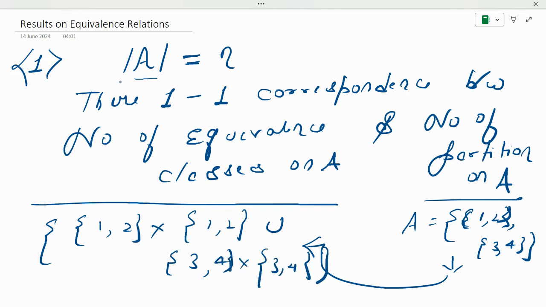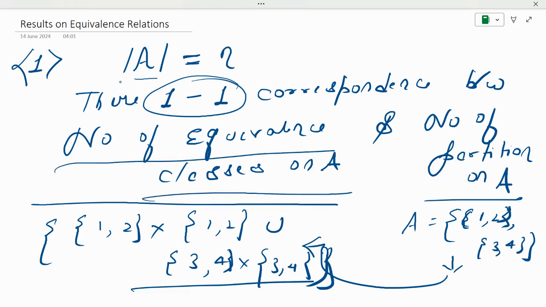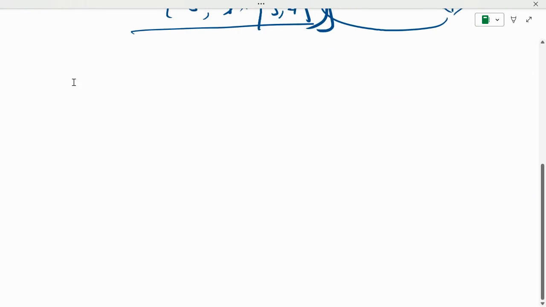This set, containing the union of these two, will be the equivalence class. So there is a one to one correspondence between the number of equivalence classes on A and the number of partitions on A.